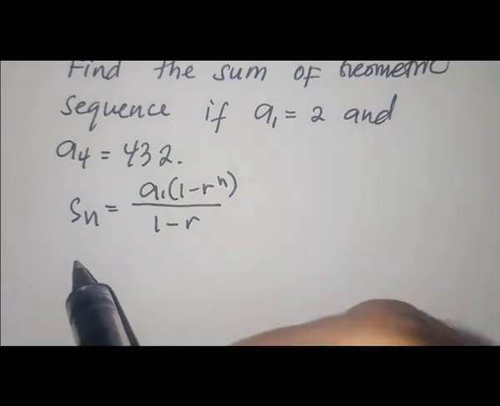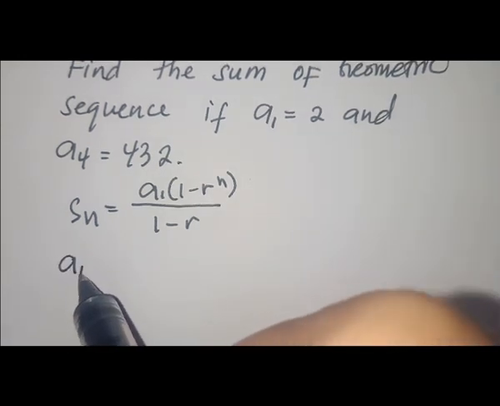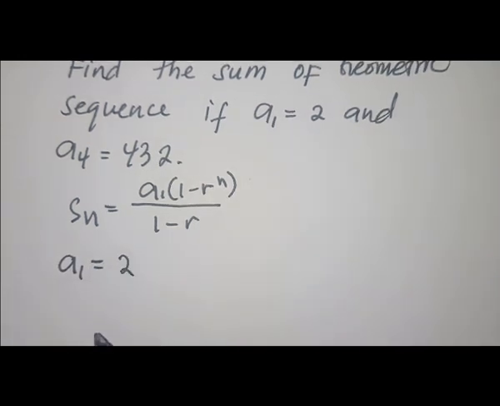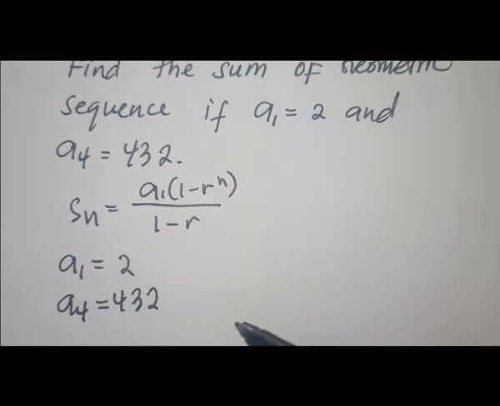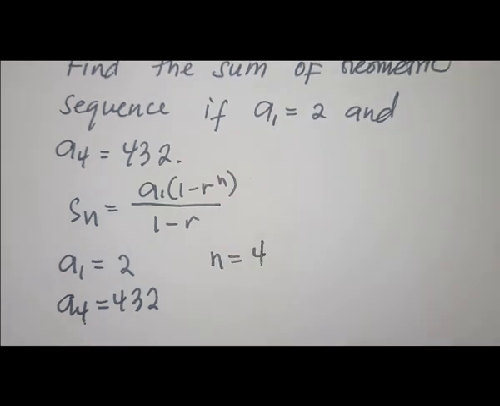But in this case kasi, ang given lang na meron tayo rito ay yung a sub 1, which is 2, yung a sub 4, which is 432, or we can consider that a sub 4 is the last term from the given sequence, and n, syempre, is equal to 4.